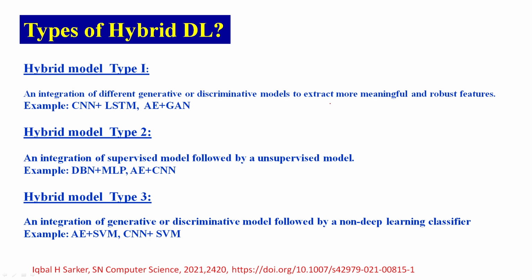We can also use hybrid model 2, which is the integration of a supervised model followed by an unsupervised model. Examples are DBN plus MLP, AE plus CNN. We can also integrate a generative or discriminative model followed by a non deep learning classifier like SVM, AE plus SVM or CNN plus SVM. So, we can do this kind of hybrid modeling to obtain the best of two models. Okay, let me stop here for this part of the lecture. We will come back in the next part, where we will discuss more details about these DTL and DRL methods.